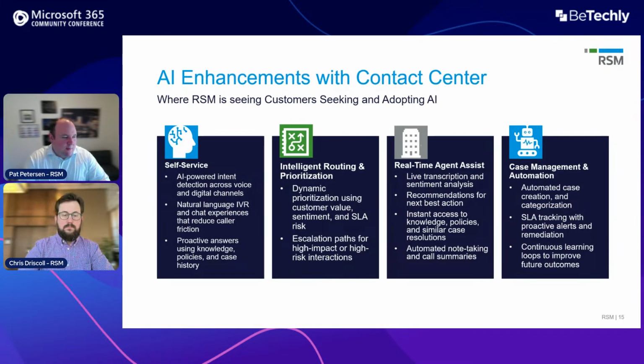Chris, I want you to chime in here on what your favorite one is, but in my mind, the one that I think is really powerful is that real-time agent assist. The ability for essentially Copilot to listen or to understand the conversation and provide recommendations for the next steps.